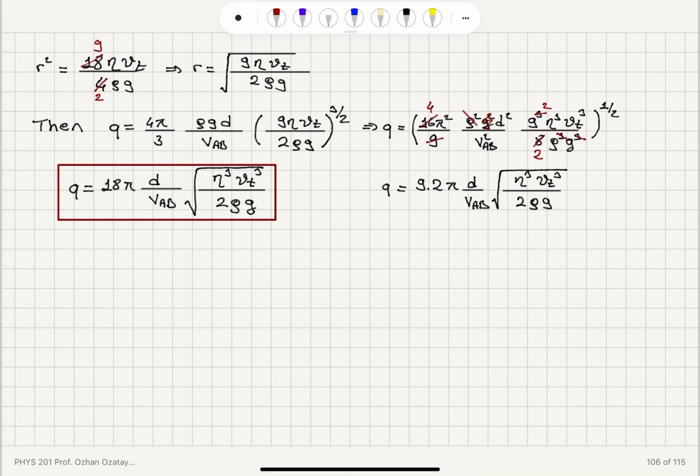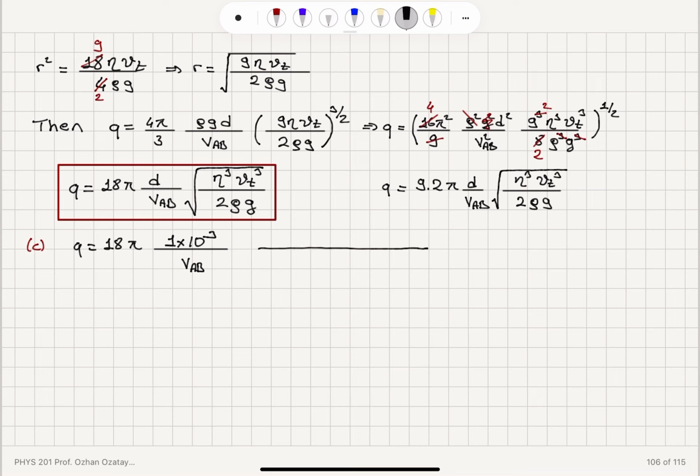Okay, so we're just going to substitute the numbers here. The charge on an oil drop is 18 pi, times the separation between the plates, now I'm substituting 1 millimeter, 1 × 10^-3 meters. The potential difference V_AB, we will substitute from the table.